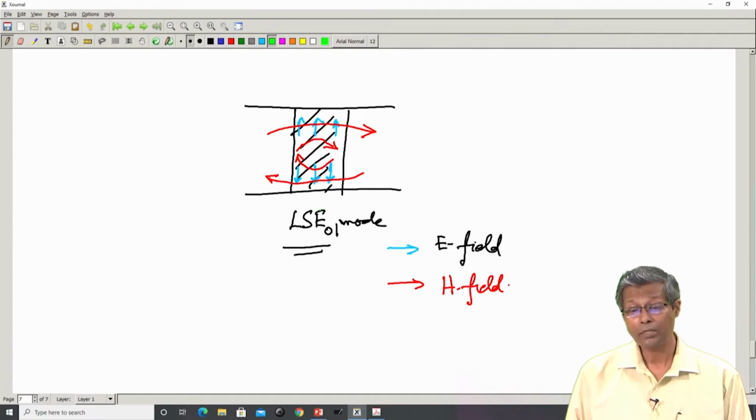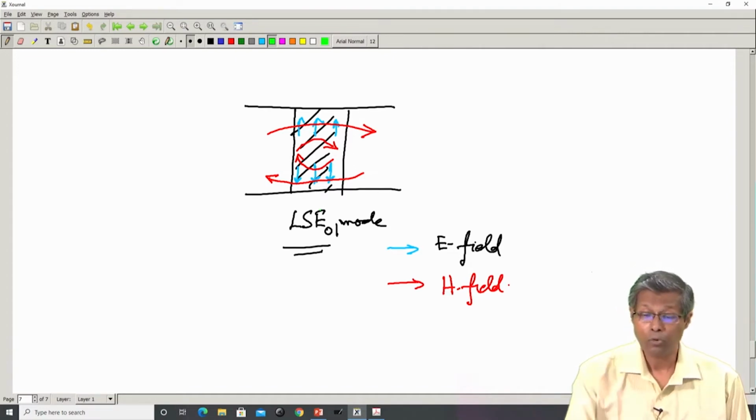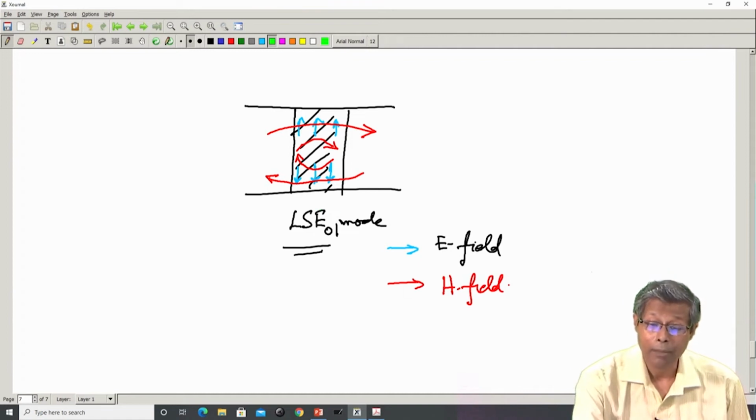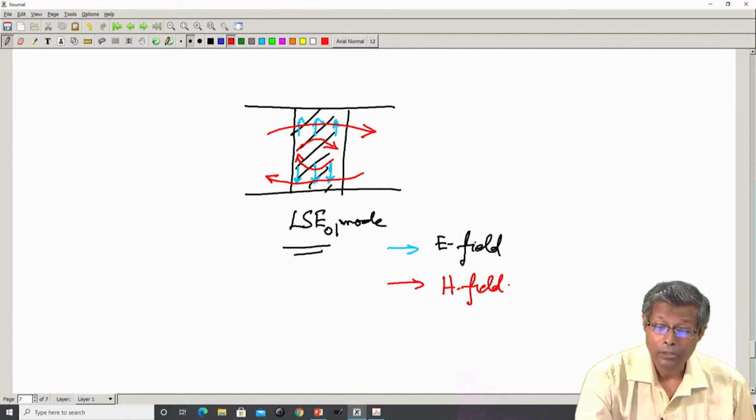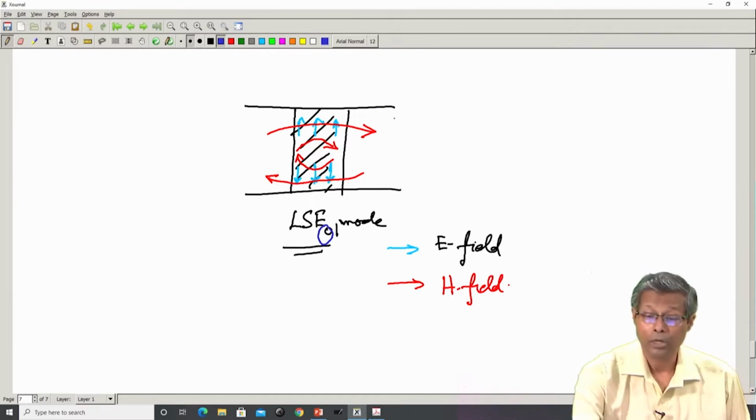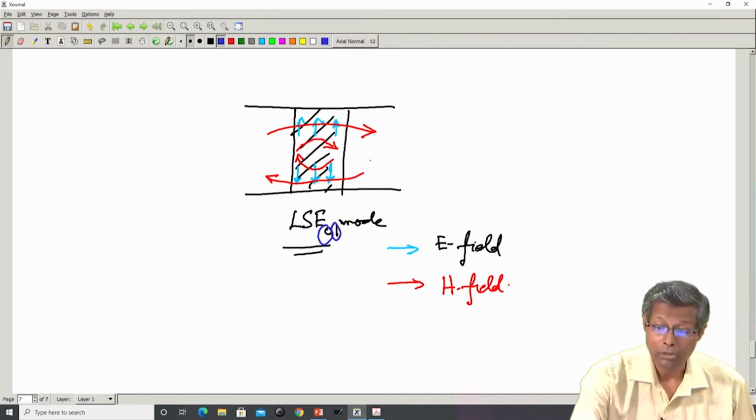So, this is the LSE 01 mode. This is the lowest eigen number along this direction, and there is a half wavelength variation in this direction. So, that is what this 1 suggests, the half wavelength variation along this direction.